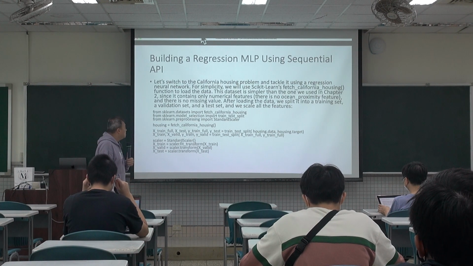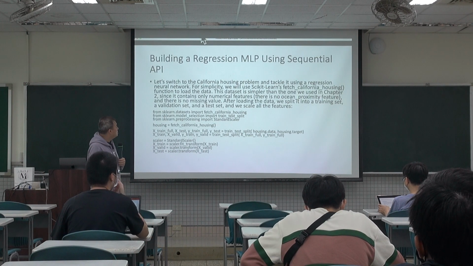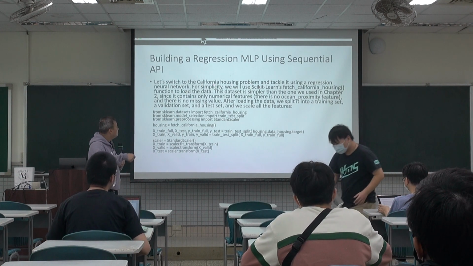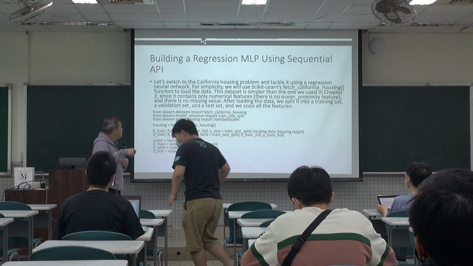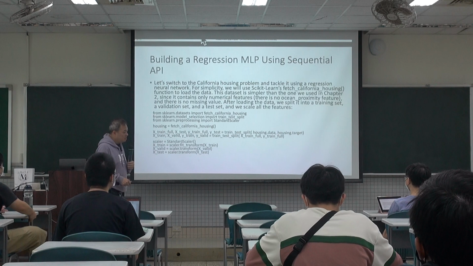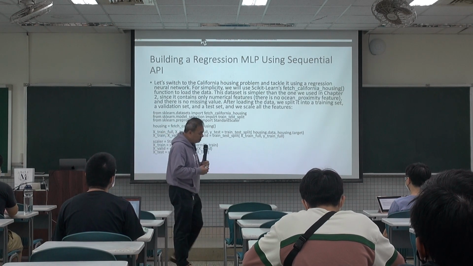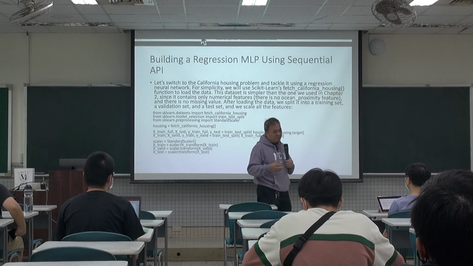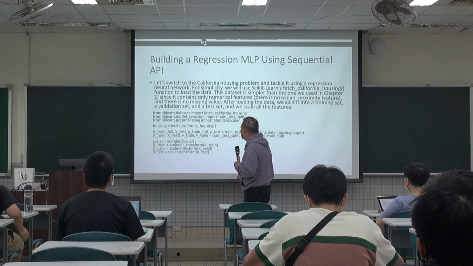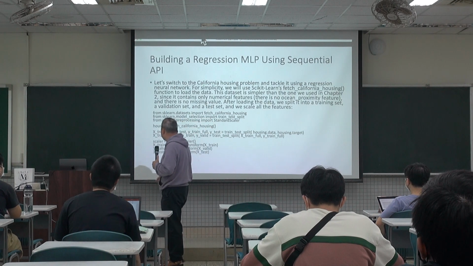One good example that uses the regression MLP is the California housing problem. In this data set, you are given a number of features, such as locations or the price of the neighbors, etc., and then you need to predict the cost of a house.